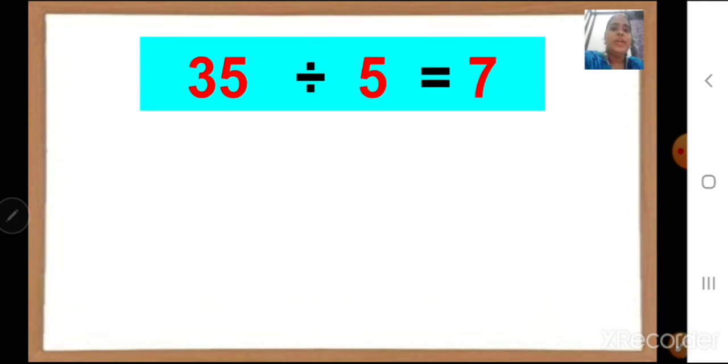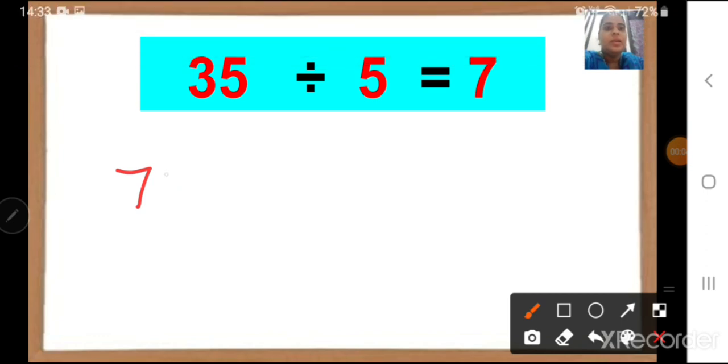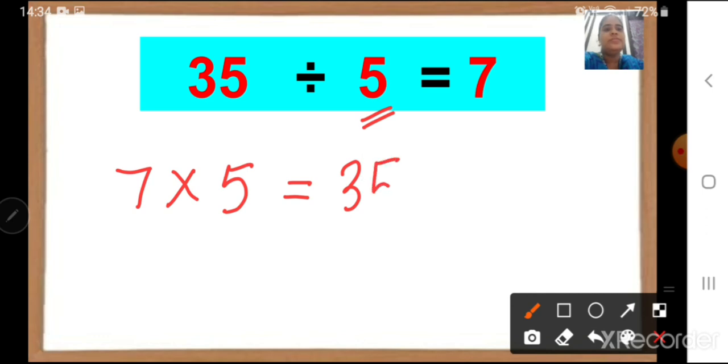Now, if a division fact is given to us and we want to write the multiplication fact, how will we write it? We are going to write it in this way. First, we will write the quotient, which is number 7, multiplied by, because it is a multiplication fact, number 5, which is equal to 35.